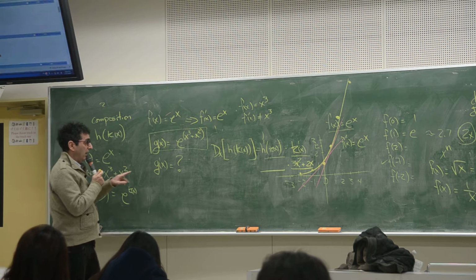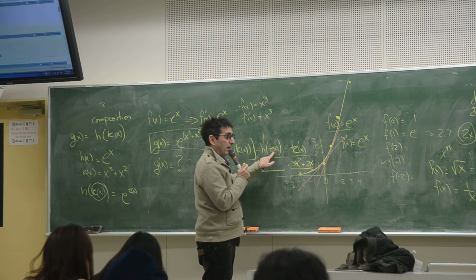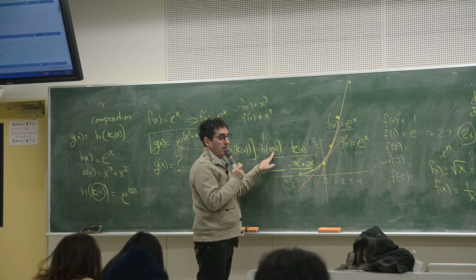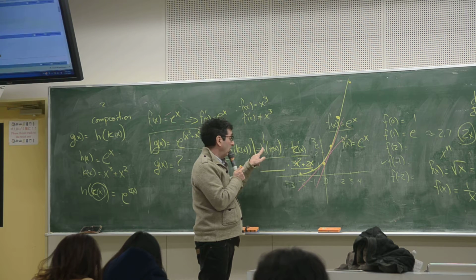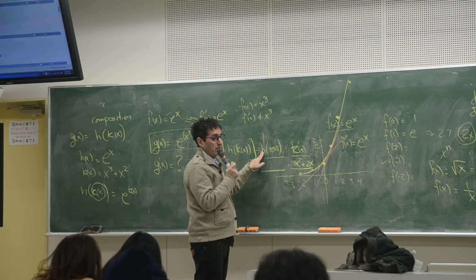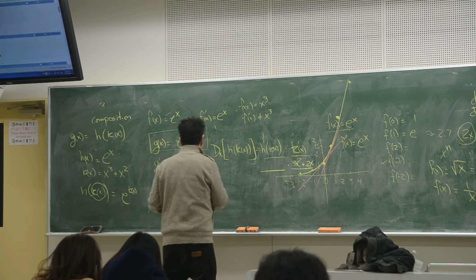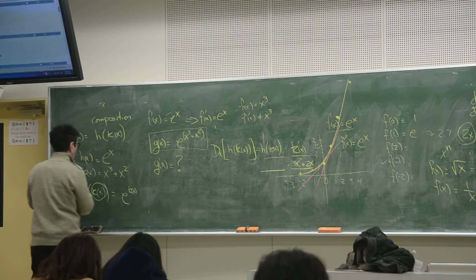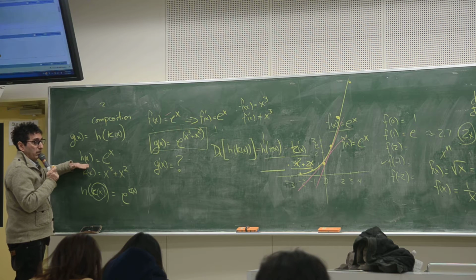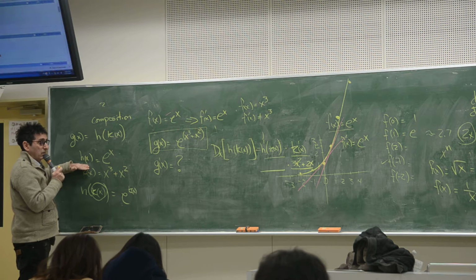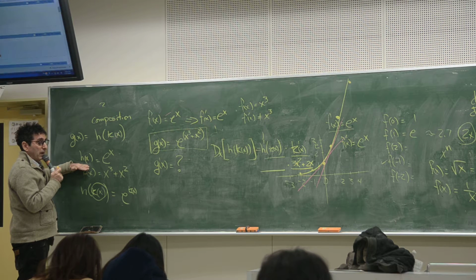Because it doesn't say h prime of x, it says h prime of k. So instead of putting in x, I have to put in k after I find the derivative of h. Okay, so what is h? Here's h. So what is h? E to the x. So what is the derivative of that? E to the x, right? That's just an easy one.